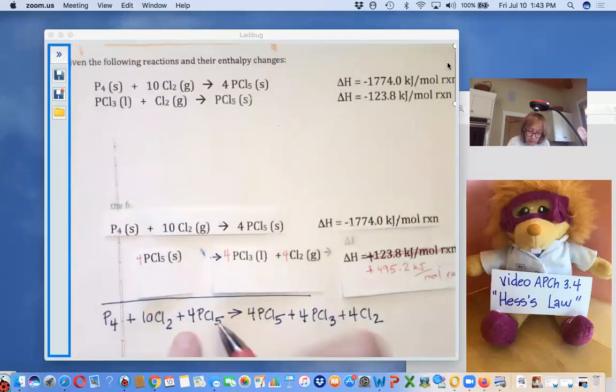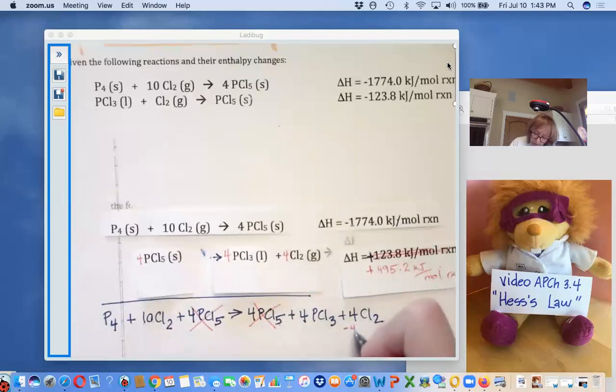Do you see that there's 4 PCl5s on both sides of the yield sign? So I'm subtracting them from both sides. And do you see that I have 10 Cl2s, and over here I have 4 Cl2s.